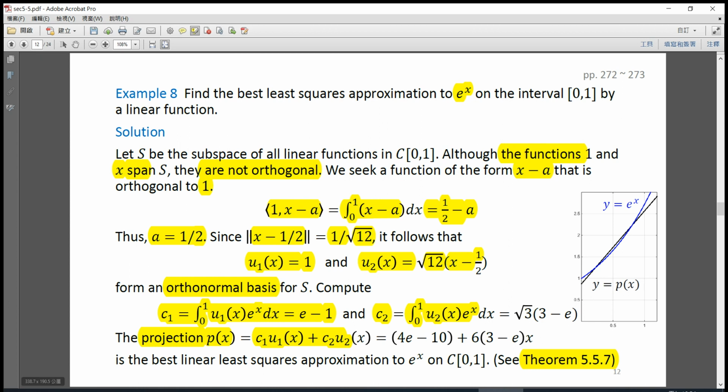And p of x is the best linear least squares approximation to the natural exponential on the interval from 0 to 1. We visualize the natural exponential on the right hand side figure. We also plot p of x, which is the linear function that is closest to the natural exponential in the least squares sense.